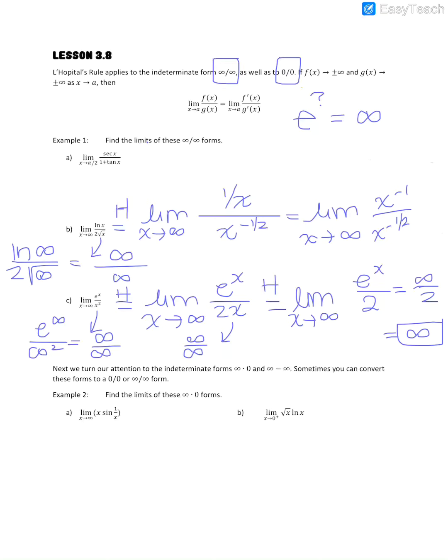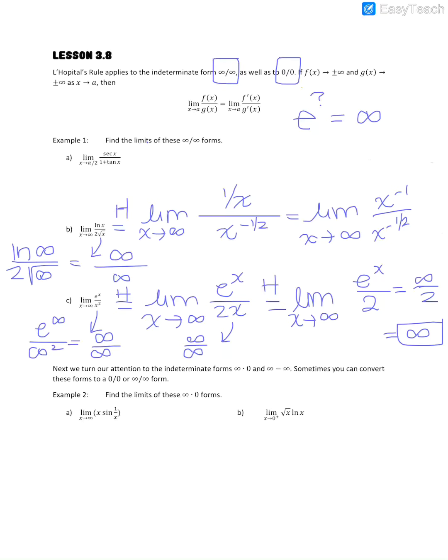Or infinity minus infinity, it's not necessarily 0. So what I'm about to show you is some strategies to help you manipulate these equations so that they become a form that we can either figure out the answer or use L'Hopital's rule.